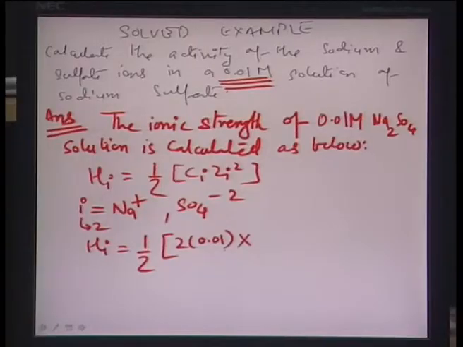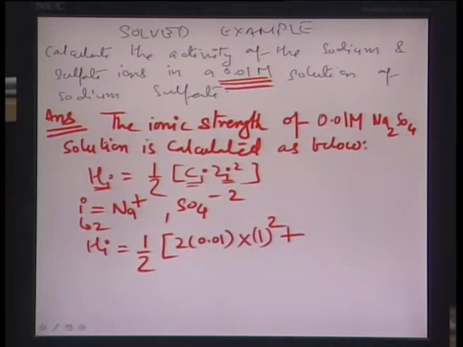So, the concentration times the square of the valency, which is +1 in case of sodium, plus, and this is a summation term because it is cumulative of all the positive and negative charges.